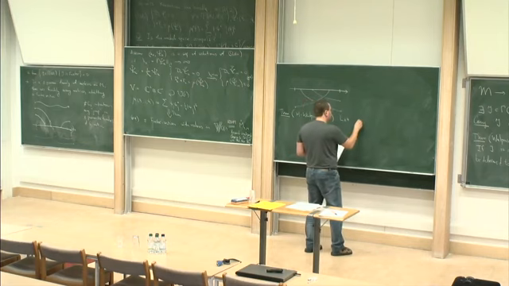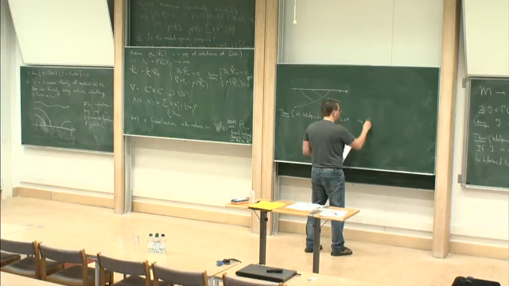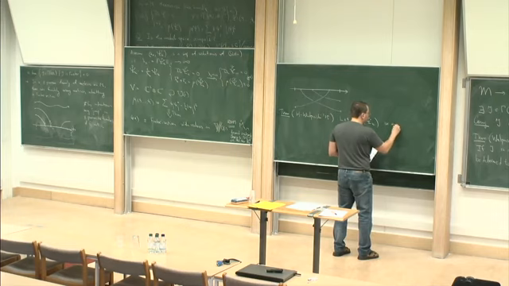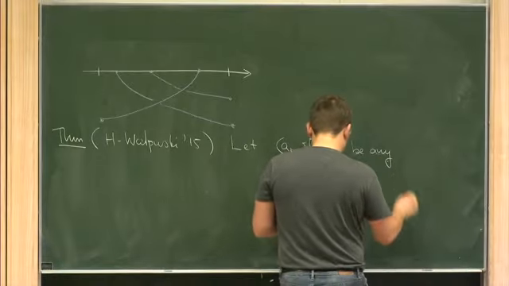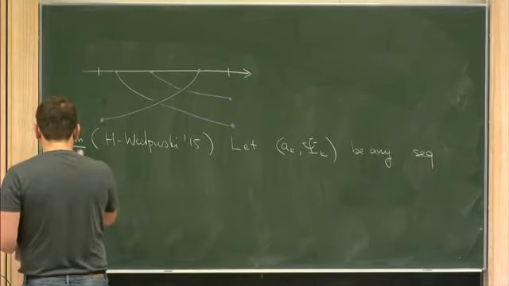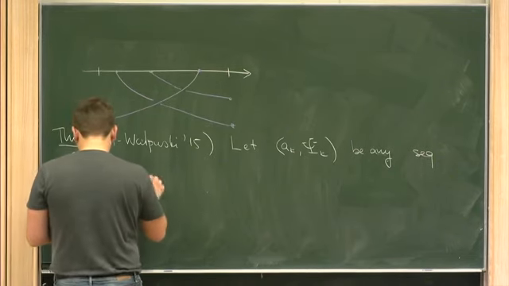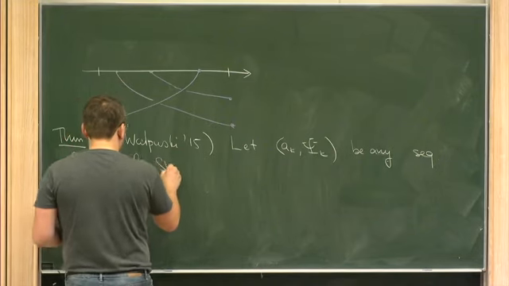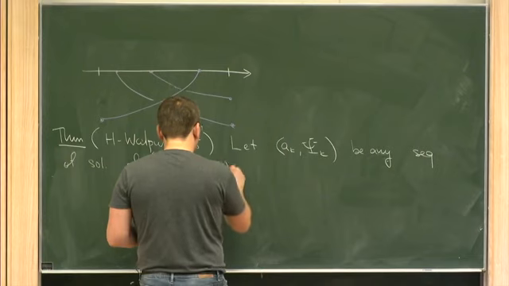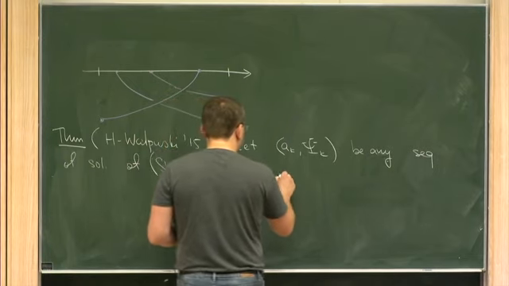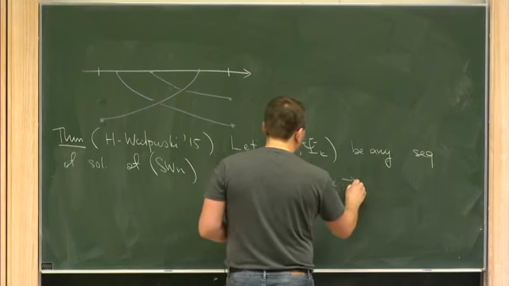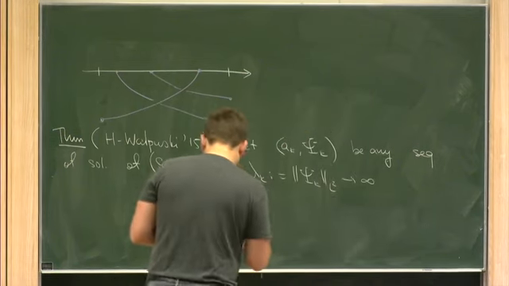So let A_k, psi_k be any sequence of solutions of the Seiberg-Witten equations with n spinors, with lambda_k, the L2 norm of the spinor, tending to infinity.